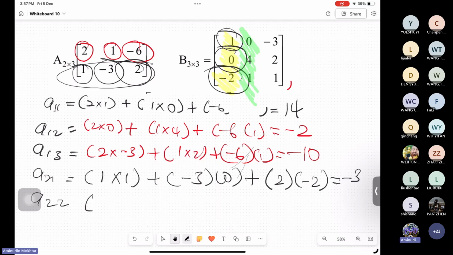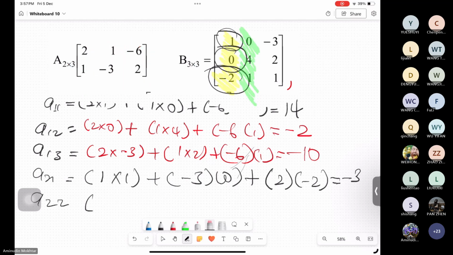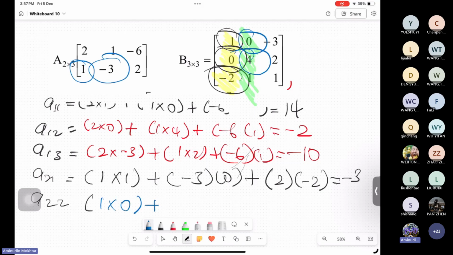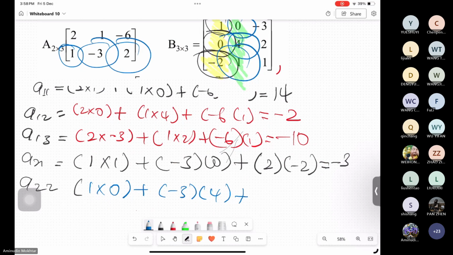So the first one is 1 times 0, plus negative 3 times 4, plus 2 times 1.